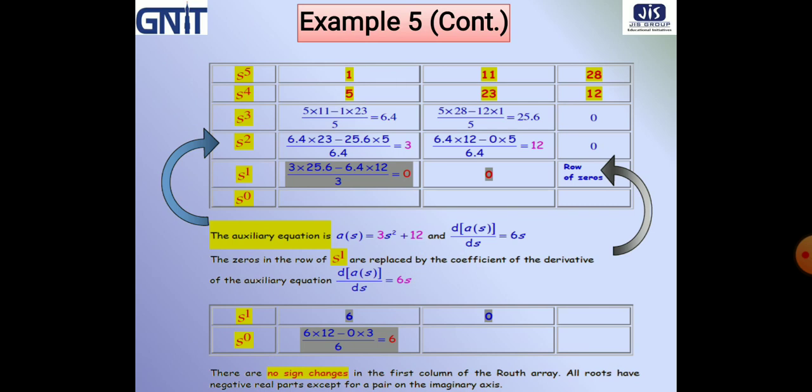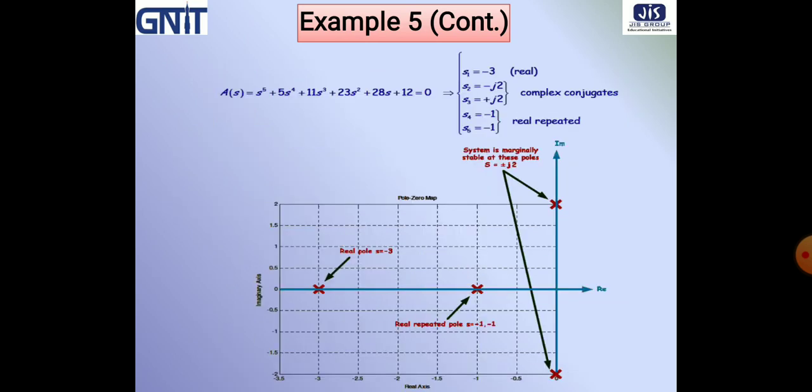Okay, so this is a special case, when there is no sign change, so that's why the system is stable. Okay, and all the roots have negative real parts.